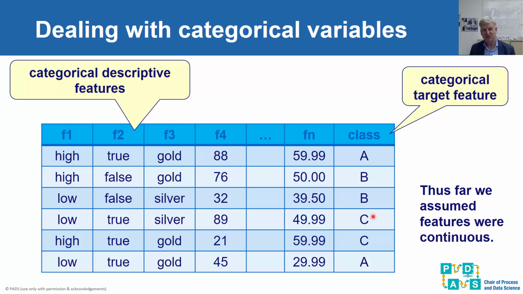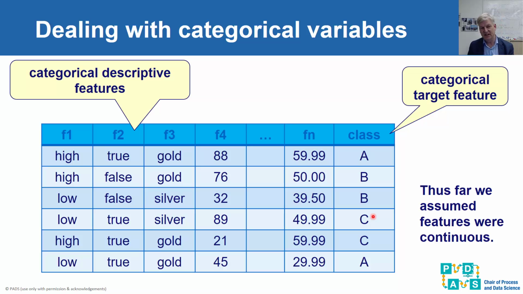Note that when we talked about decision trees, we worked in the other direction. So we started with the technique that could handle categorical features very well, and then we had to adapt and change it to capture, let's say, continuous descriptive and target features. Here we go the other way around.